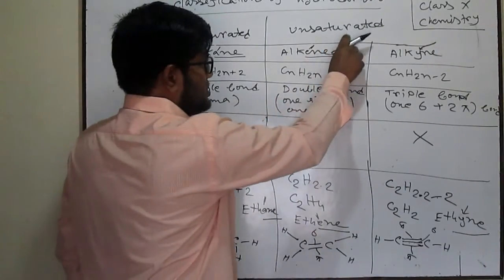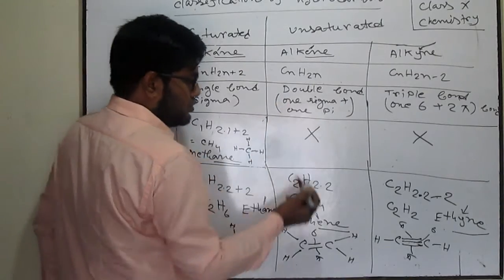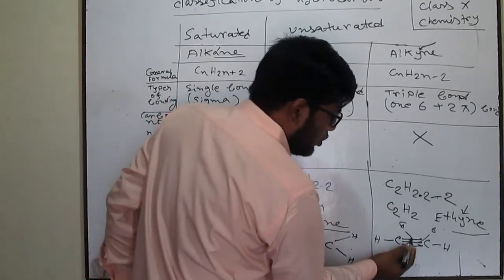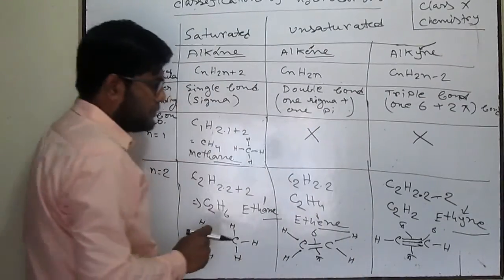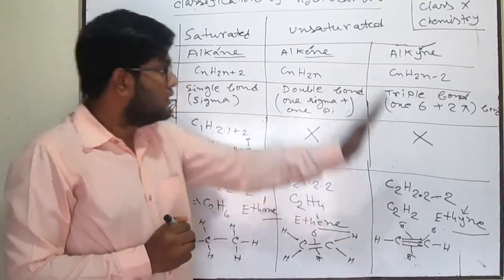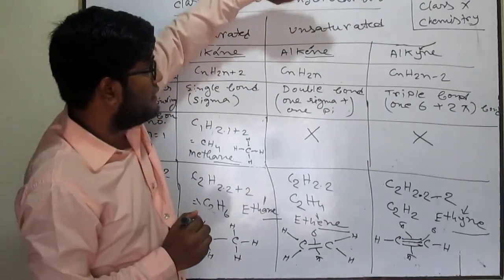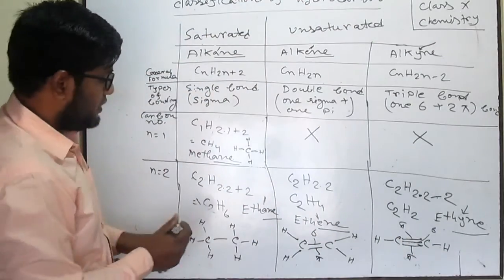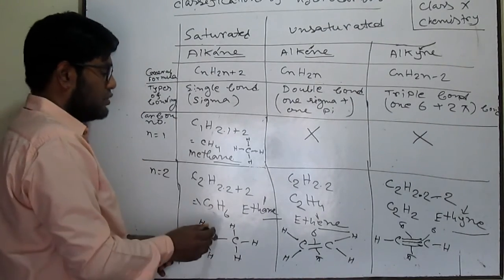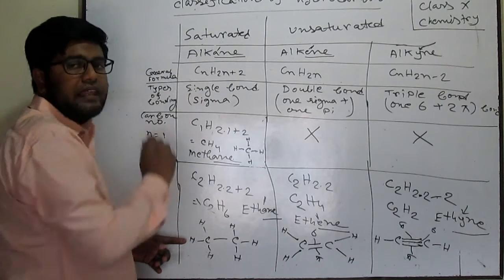In case of unsaturated compounds, there should be a pi bond, maybe more than one pi bond. That means if a pi bond is present, that is an unsaturated compound. If there is no pi bond, this compound should be an alkane.